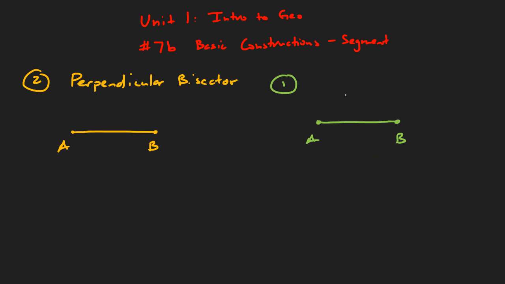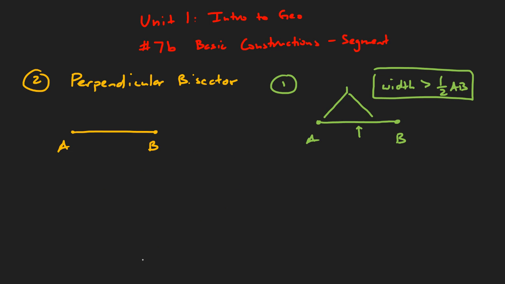So if I think of it like this, so here is my point, there is my pencil. Notice that my middle is somewhere right here. So I'm just a little bit past 1/2. So the width of that compass needs to be greater than 1/2 the distance from A to B. This is very key. You do not change that setting the entire construction, so keep that in mind.